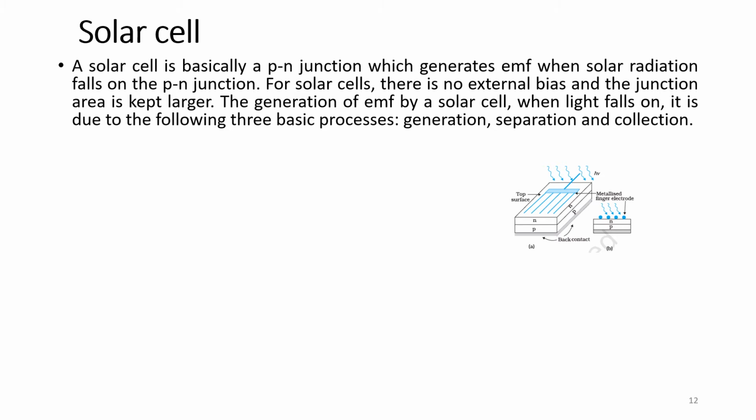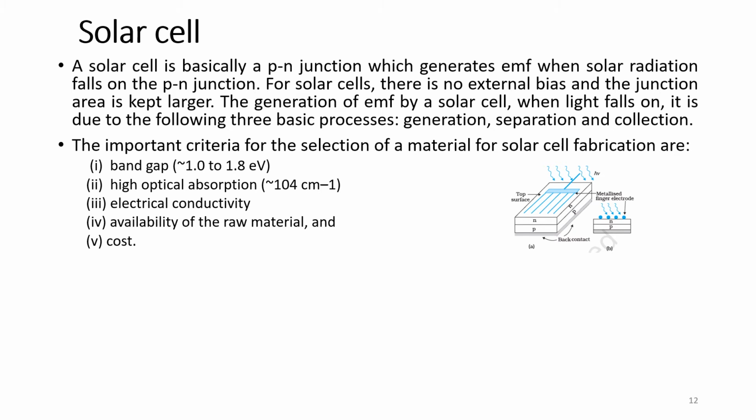This is the sunlight falling on the N side of the semiconductor material with an energy of h nu. So when this light falls, electrons move from valence band to conduction band. These are the electrodes.